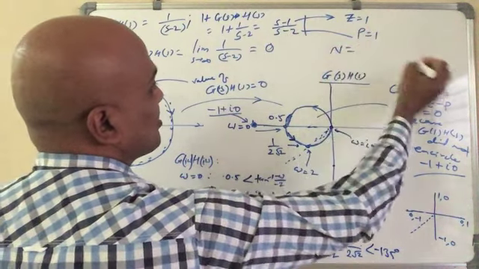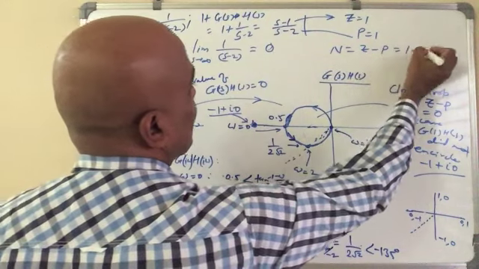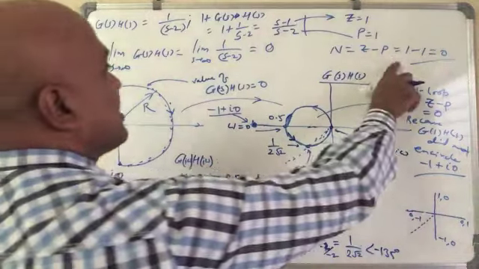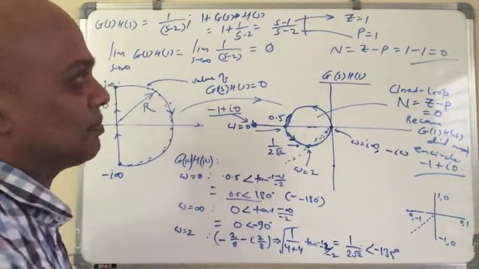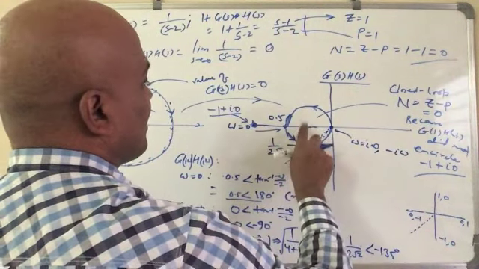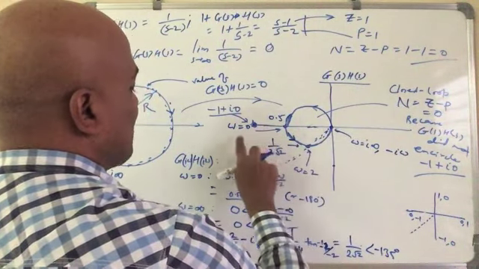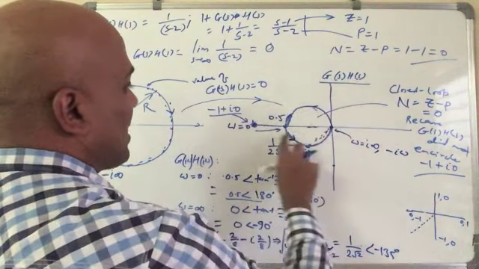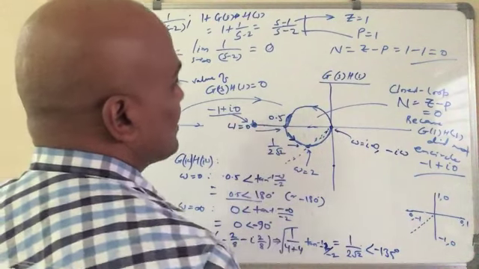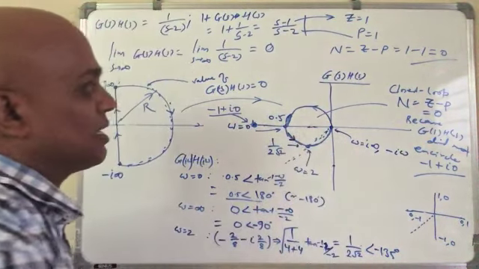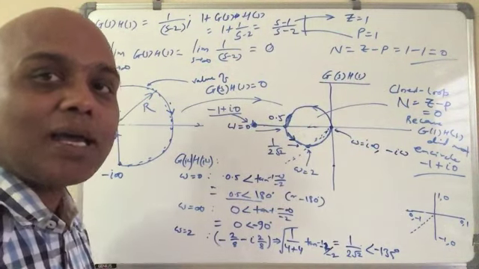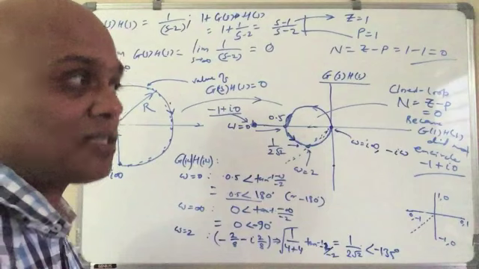Hence n equal to Z minus P equal to 1 minus 1 equal to 0. Hence it is not going to encircle the minus 1 point on the GSHS plane. So what you come to know from here is that the number of zeros and poles are the same, basically. That's what it tells you.